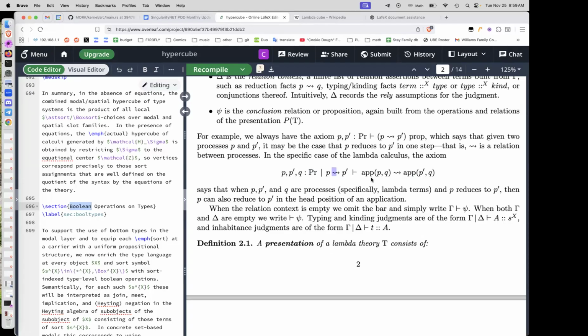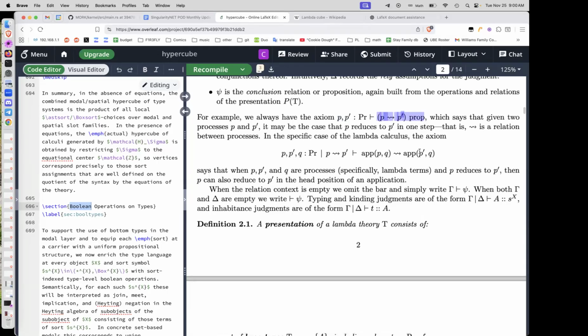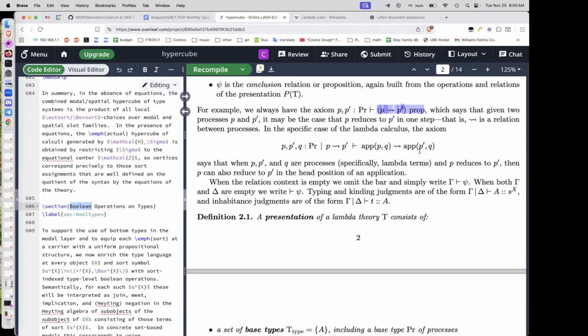And that structure is enough to specify the operational semantics of any virtual machine. This part of it is the distinguishing of this relation on processes. So this is one of the kinds of judgment we can make, is that some symbol is a proposition, is a relation. Okay, thank you.